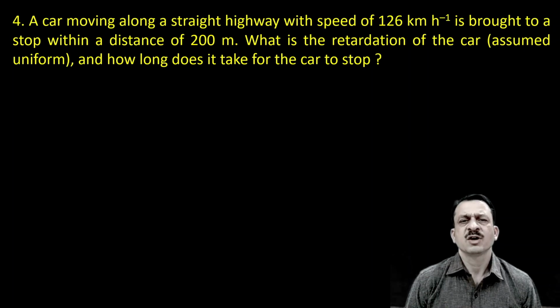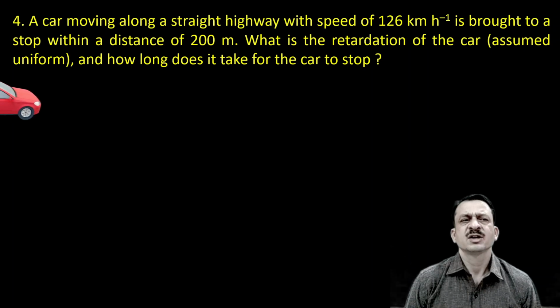This distance we have already called the stopping distance, that is given 200 meter, and the initial velocity of the car is given 126 km per hour. What will be the final velocity? The car is going to stop, therefore the final velocity becomes 0. Now we have to calculate the decreasing acceleration, called retardation here, and also the time.